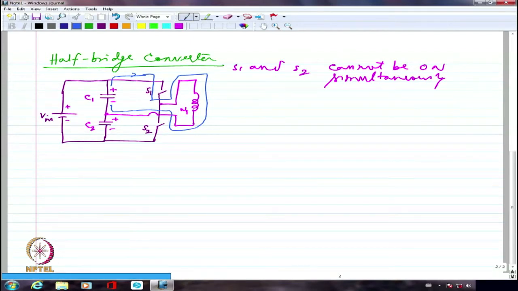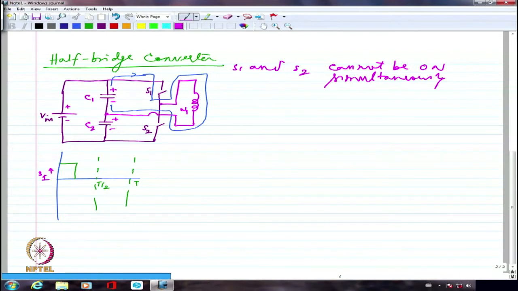Okay, but this is normally a prevalent problem, especially in inverter, when I use this as an inverter circuit. So when S1 is on, let us say this is S1 signal and this is probably T by 2 and this is going to be T. So this is corresponding to S1's firing signal.